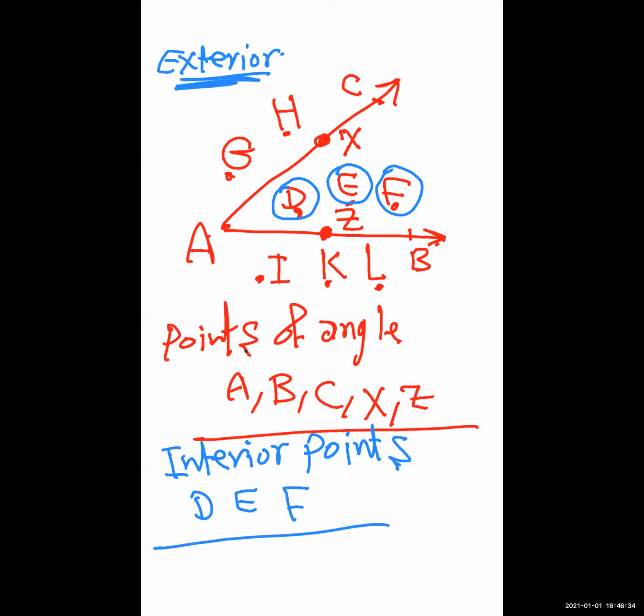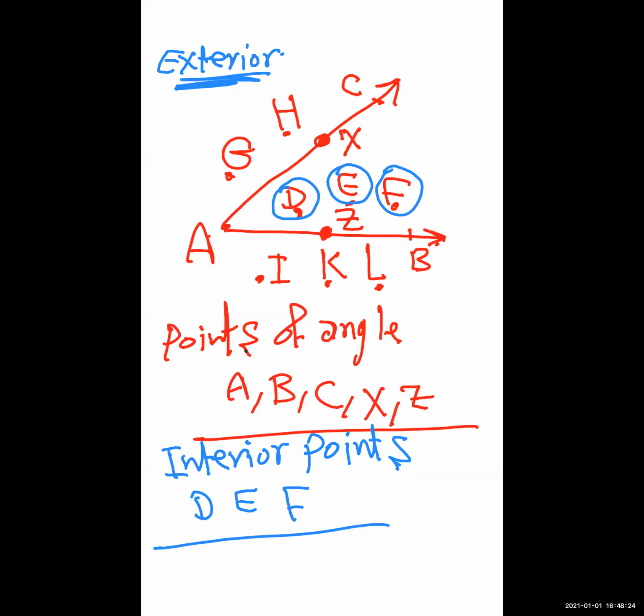So the exterior points, which lie outside the two sides of the angle, will be like these points, G and H, and also I and K and L. All these points are the set of exterior points of the angle.